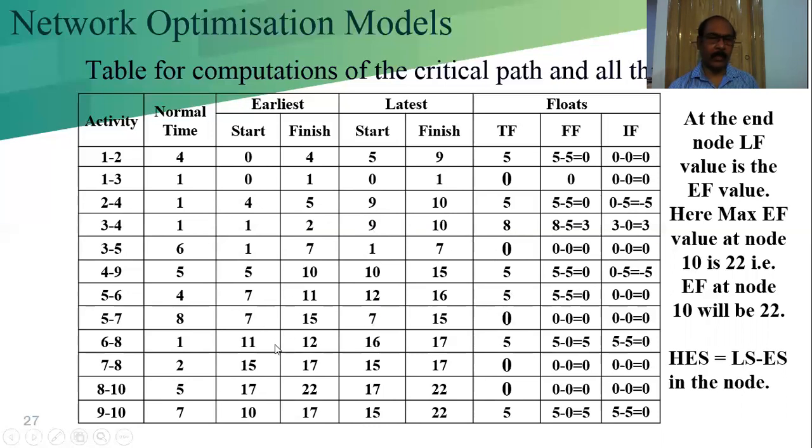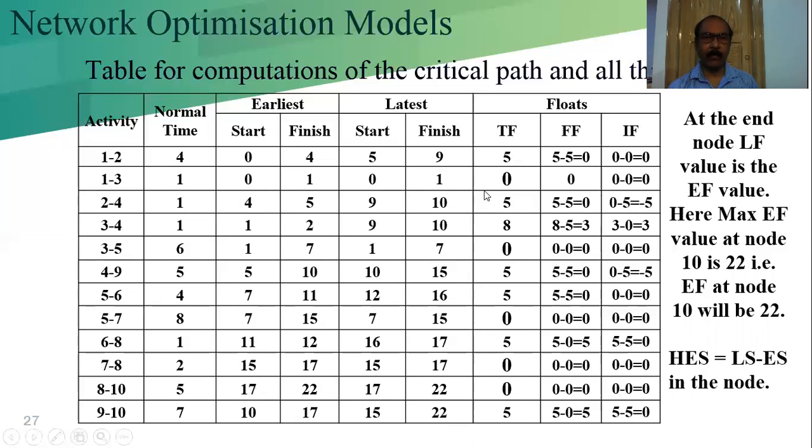Now 16 minus 11 equal to 5. 15 minus 15 equal to 0. 17 minus 17 equal to 0. Now 15 minus 10 equal to 5. So this is our total float calculation.